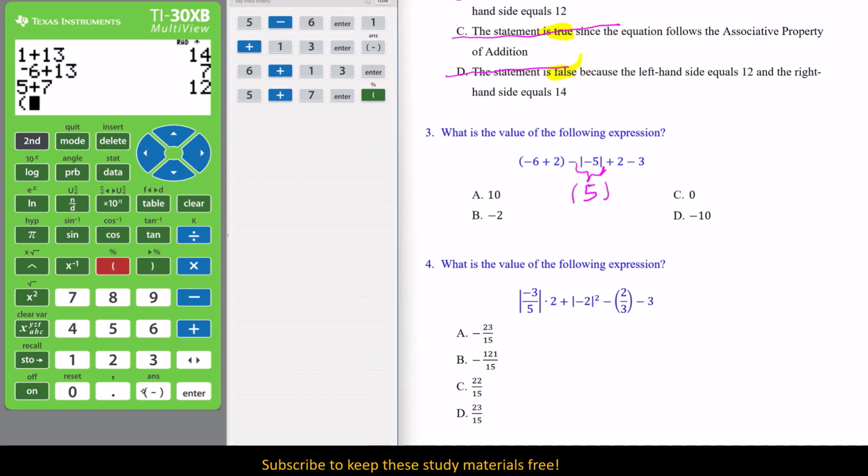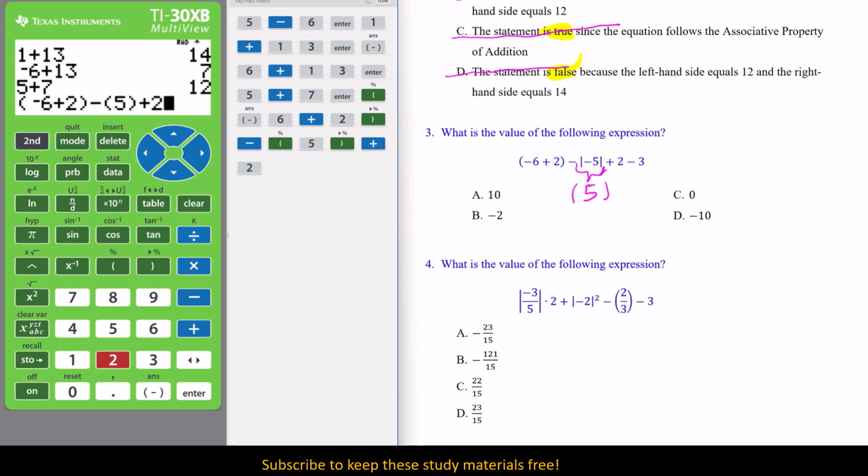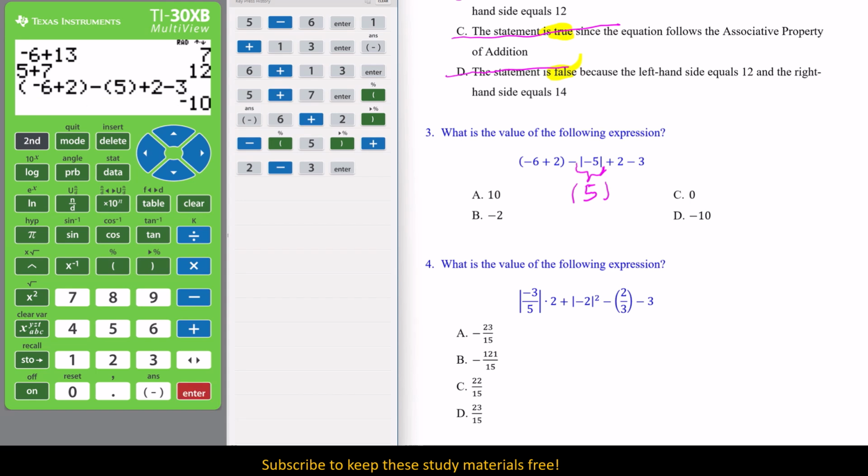So you have parentheses, negative 6 plus 2, close parentheses, minus parentheses 5 parentheses. I know that seems silly, but do it anyway because you're trying to pass a test. You're not trying to be a genius. I don't care how many degrees you have. Type in what you see, push enter, and the value is negative 10.